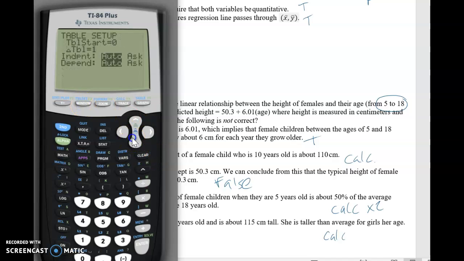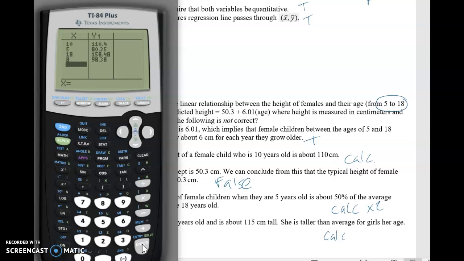To do that, there is a way to do this. I can do something called ask on my table. And then when I actually go to my table, it asks for the values. So I can put in, I know I need to calculate a 10. It's one of my things. 110.4. I need to calculate 5. I need to calculate 18. And I need to calculate 8. Okay.